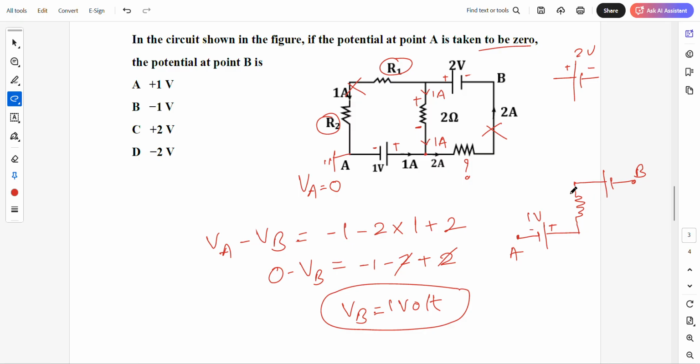Here this is plus and this is minus. 1 ampere of current is coming like this. This is 2 ohm, this is plus and this is minus 2 volts. Now moving like this, minus 1, minus 2 into 1, plus of 2. So therefore VB is equal to 1 volt is the right answer, plus 1 volt.